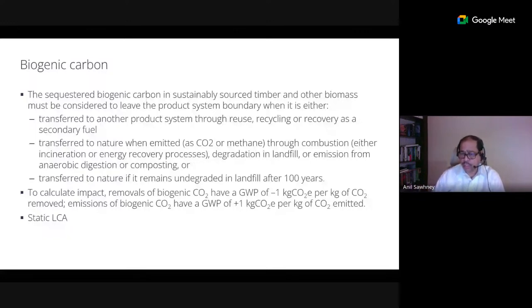So to calculate impact and removals of biogenic CO2, we assume when it enters your system you get a minus 1 kilogram carbon dioxide equivalent credit per kg of carbon dioxide removed. Emissions of biogenic carbon have a GWP of plus 1 when they leave the system. So essentially it's a wash, minus 1, plus 1. That's the static LCA approach which our standard uses.